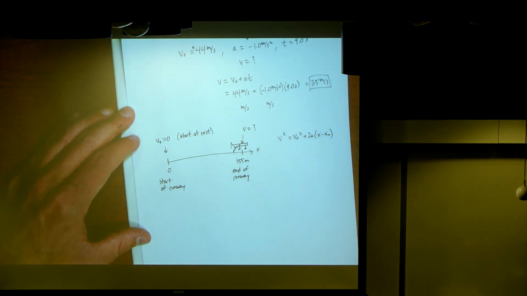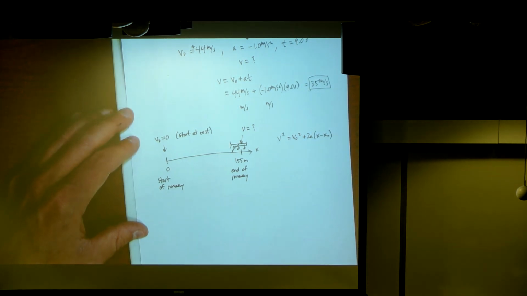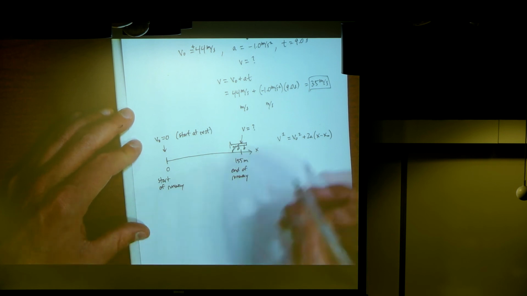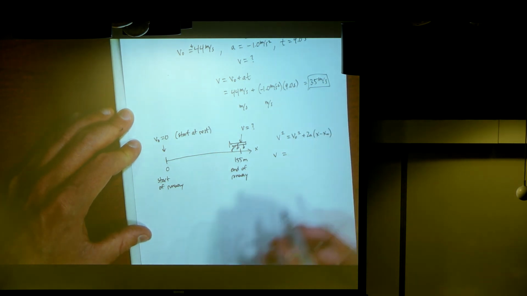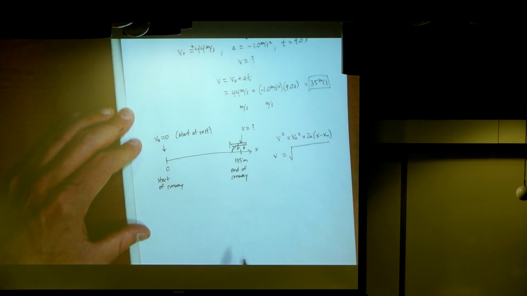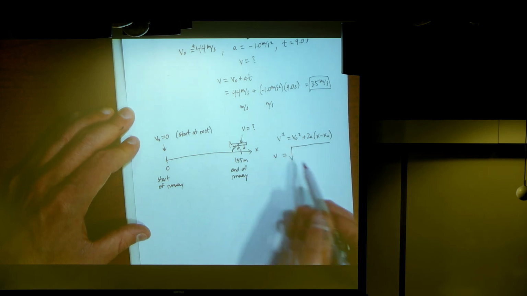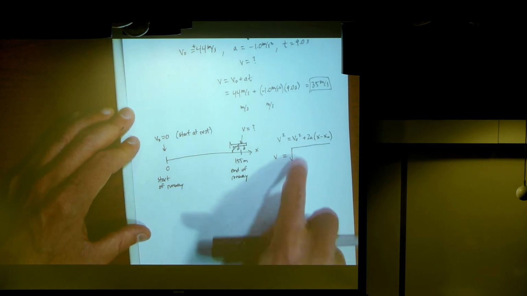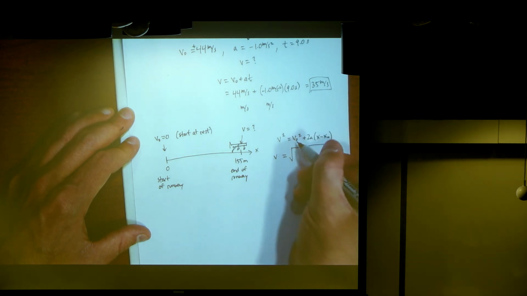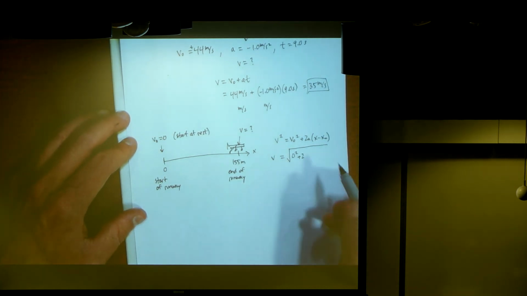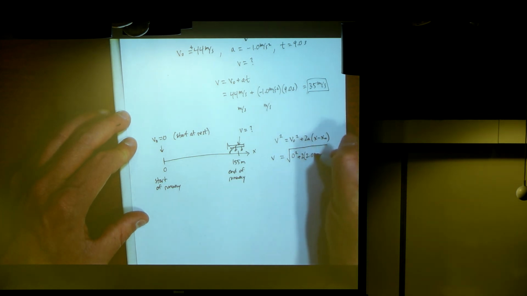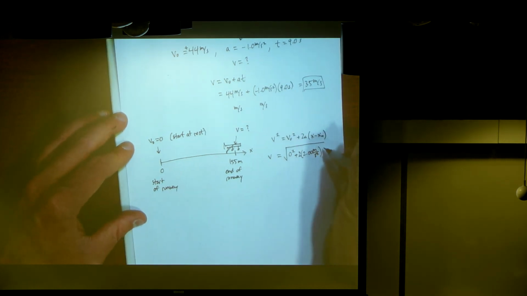Okay? So let's plug in some things we know. I'm solving for v. So if I'm solving for v, I take the square root of both sides to not have v squared, but just v. Okay? What is v naught? What do we plug in for this? 0. So I have 0 squared plus 2 times what was my acceleration in this case? 2 meters per second squared. All right, and then how do I deal with this part?